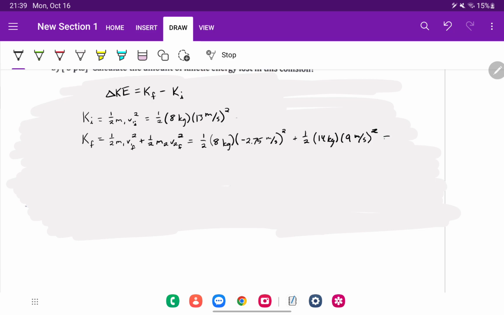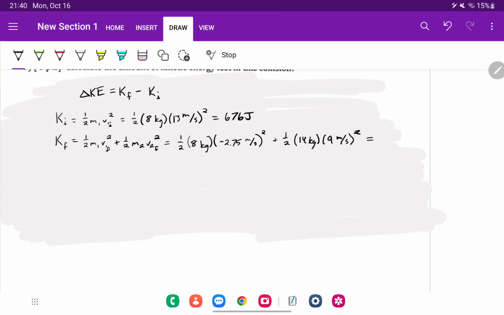Okay, so if we calculate these separately, let me get my calculator. For our K initial, 0.5 times 8 times 13 squared, we have 676 joules. So starting out, we have 676 joules.